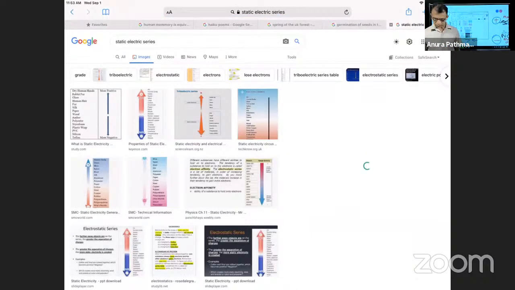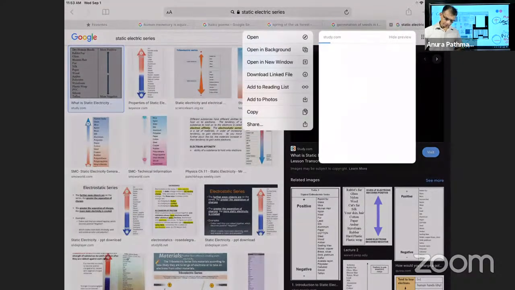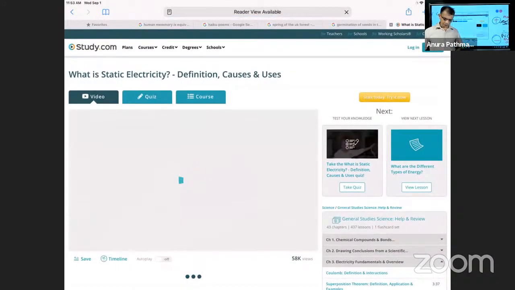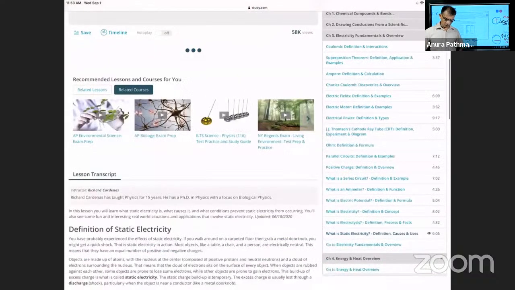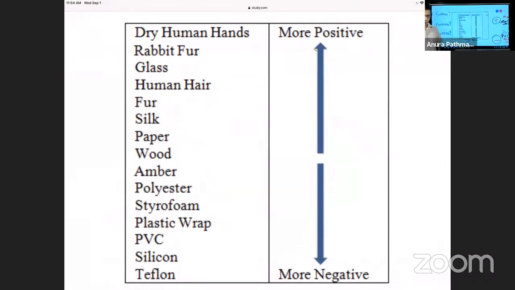You can see rabbit fur, glass, human hair, fur, silk, paper, wood, amber, polyester, styrofoam, plastic wrap, PVC, silicone, Teflon. So the glass is at the top over there.